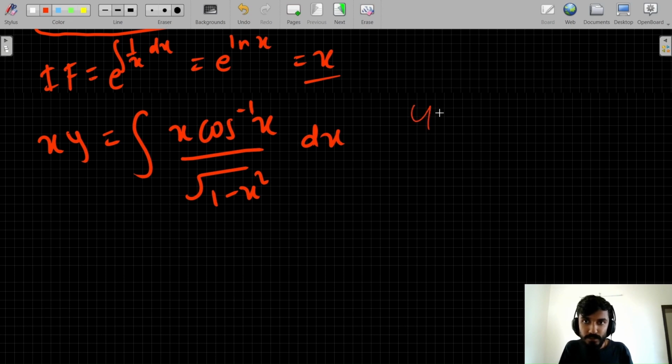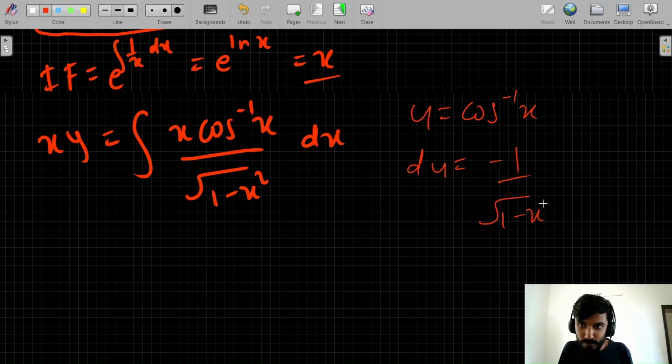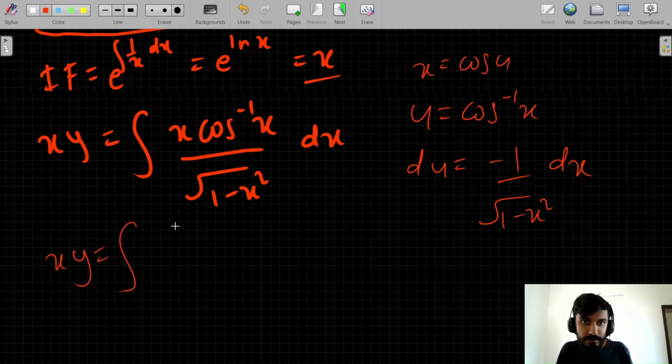What if you substitute u is equal to cos inverse x? In that process, du is equal to minus 1 by root of 1 minus x square, which we have right here if you observe. And then what is x? x equals cos u. So I'll make this substitution cos u.